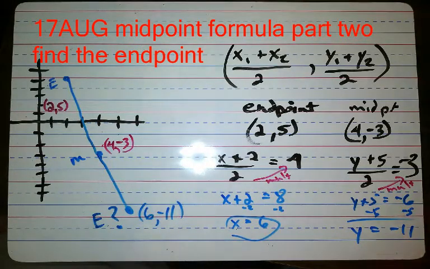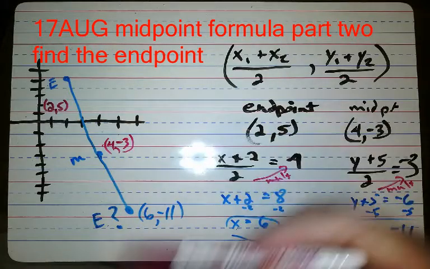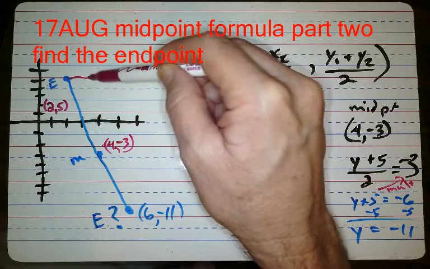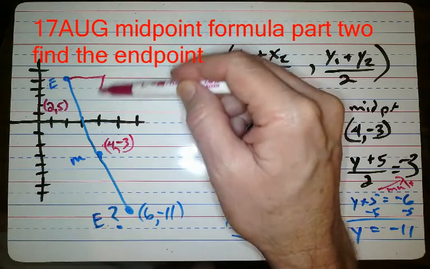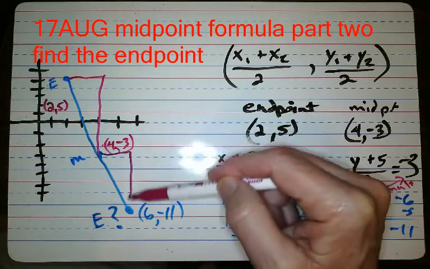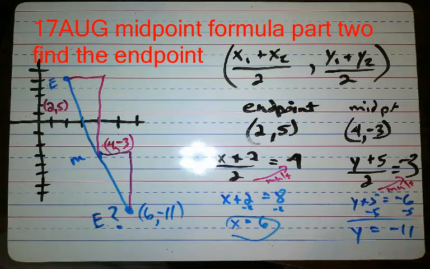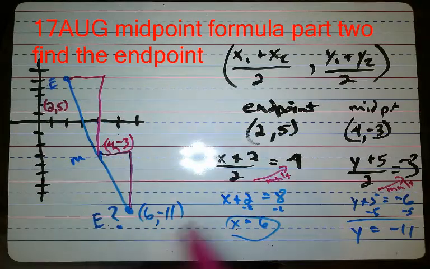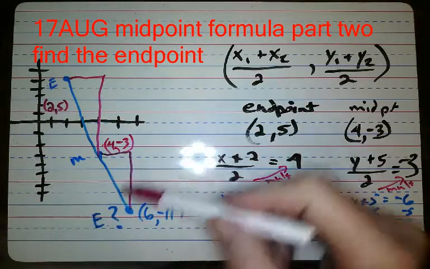Let me show you how to check it. I'm going to draw a little right triangle, and we're going to go just like this and just like this. Now then, to check it, it has to go the same direction. What we're doing is finding the slope and the same distance on each one.